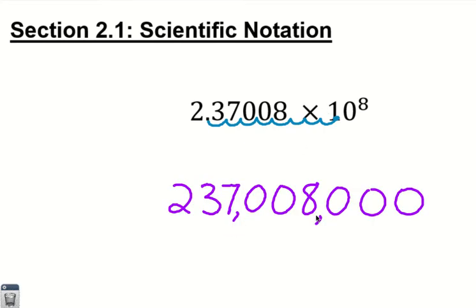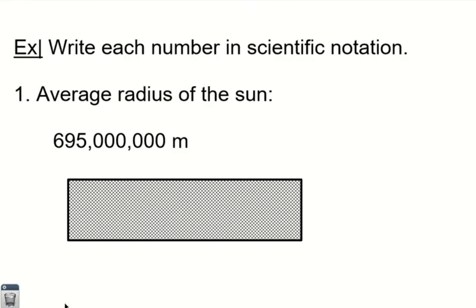And so when you write out this number the normal way, it's going to look like 237,008,000. Okay? We've already sort of discussed moving it one way, but let's do some official examples.